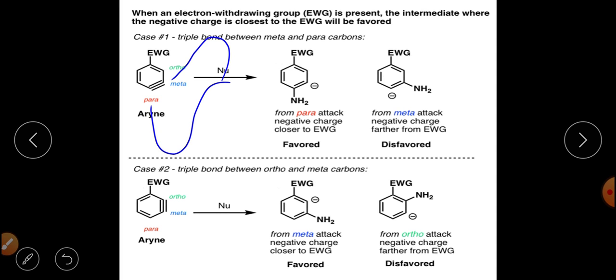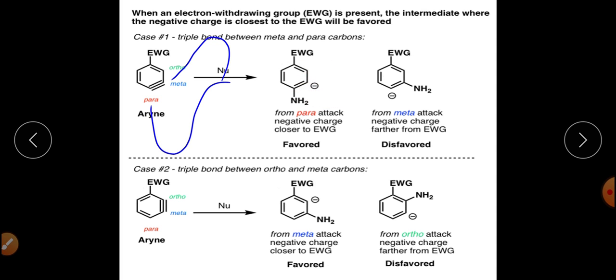So which will be the major product and which will be the minor product, we can identify. How can we identify? When the nucleophile attacks at this para position, this is the carbon that will bear the negative charge.